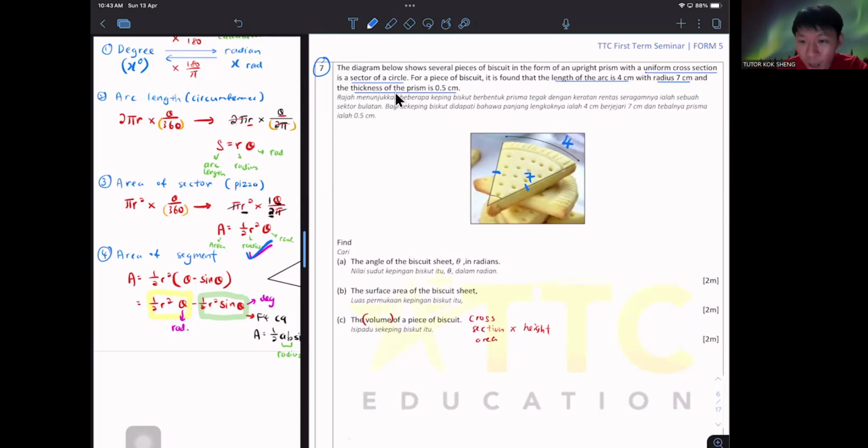These two are the same length, of course. It's a sector, and your thickness is 0.5. This is the thickness. Okay, this is the info. Maybe you can draw out another sector to label.